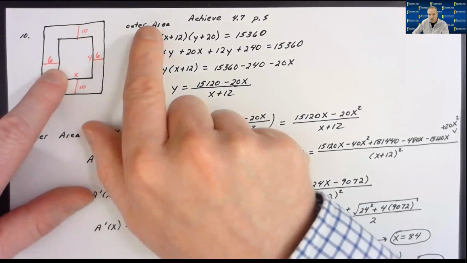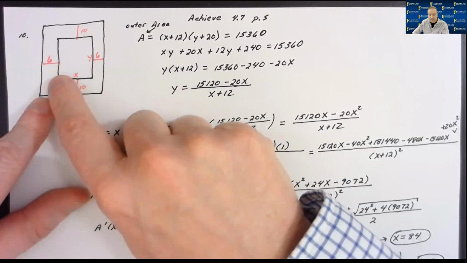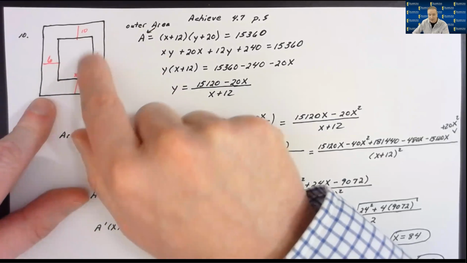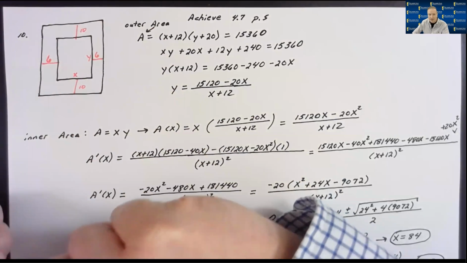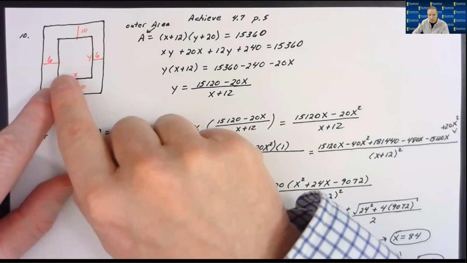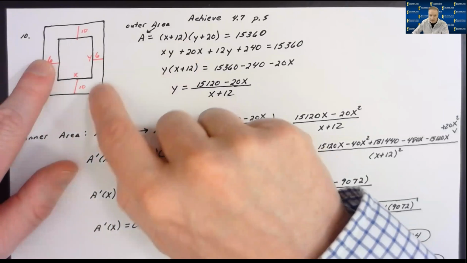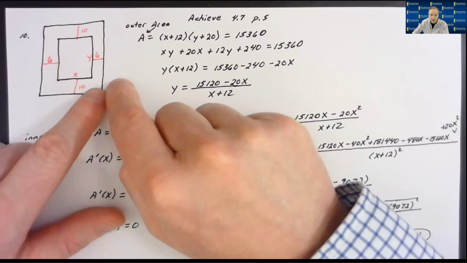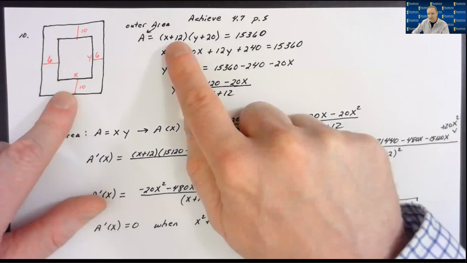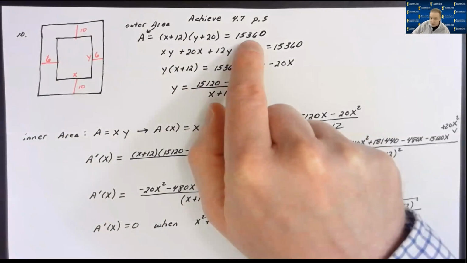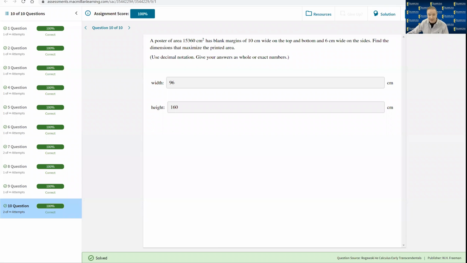Okay, so the outer area would be, if I label X to be the width and Y to be the height of the inner dimensions, then the outer area would be X plus 6 plus 6, X plus 12, and the vertical value would be Y plus 10 plus 10, Y plus 20. I know that X plus 12 times Y plus 20 would have to give me the area mentioned, which was 15,360.